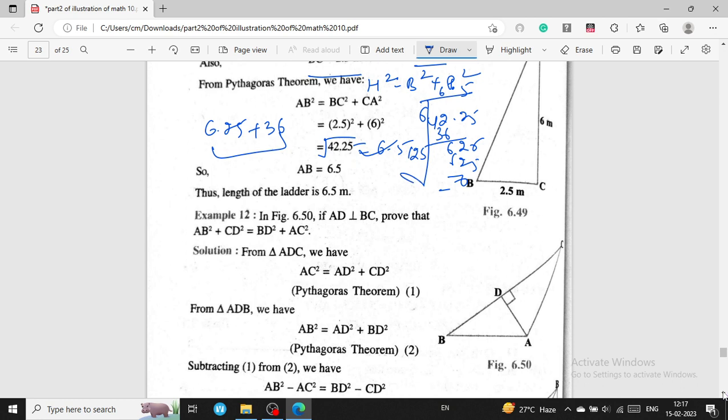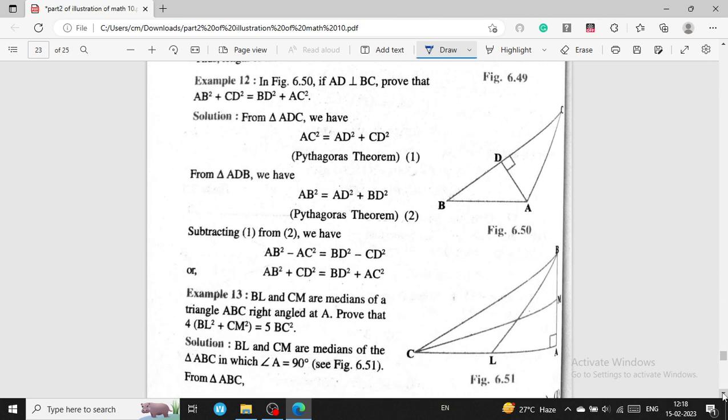In the 12th example, we are given AD perpendicular to BC, and we have to prove AB square plus CD square is equal to BD square plus AC square.